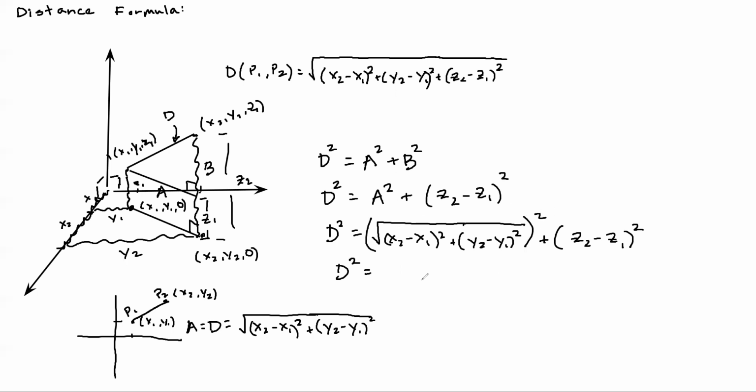Then the square root and the square are going to cancel, and so you'll get x2 minus x1 squared plus y2 minus y1 squared plus z2 minus z1 squared.